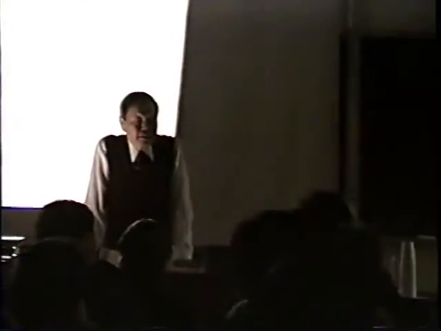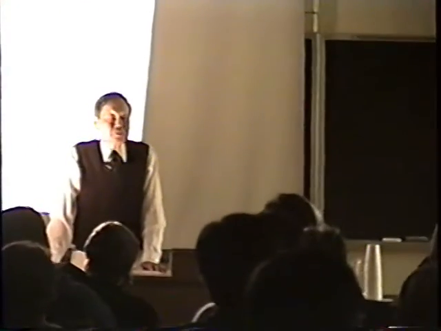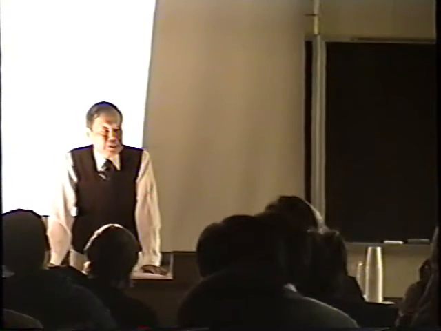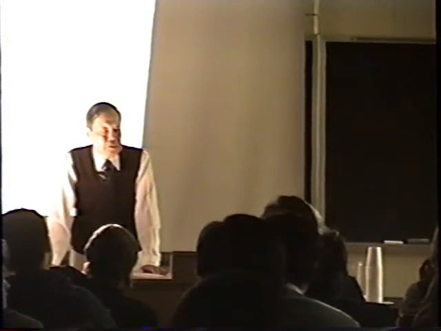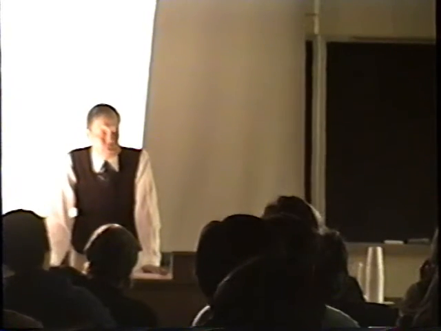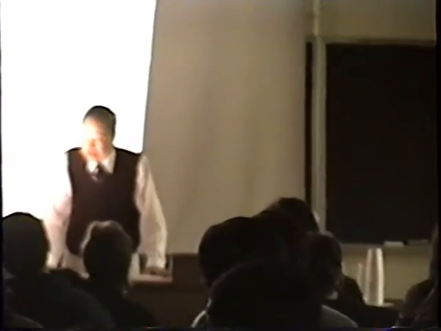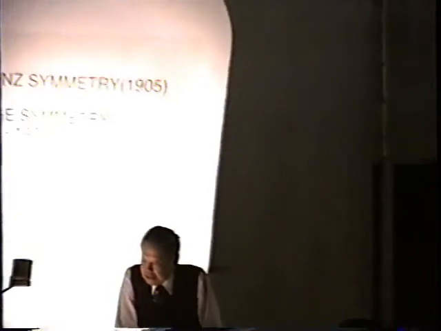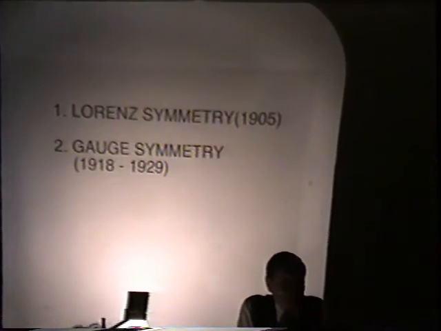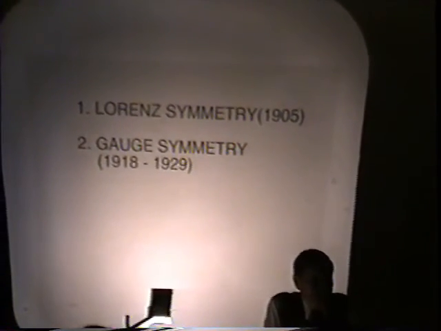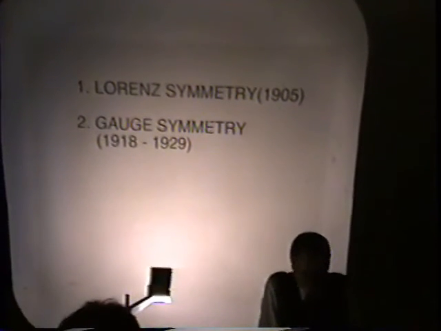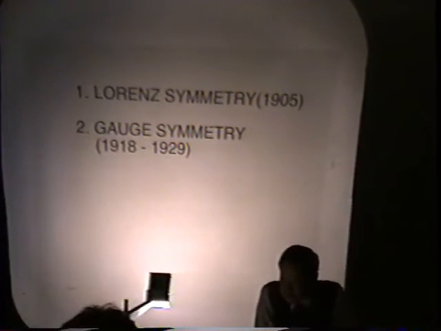Now, Maxwell's equations in the 20th century exerted great influence not only because they agree with experiment, but also because they gave rise to a conceptual structure of theoretical physics. And both of these are related to symmetry. One is the symmetry of Maxwell's equations, which is called the Lorentz symmetry, which was really first pointed out by Einstein.